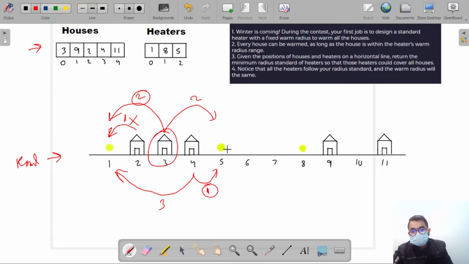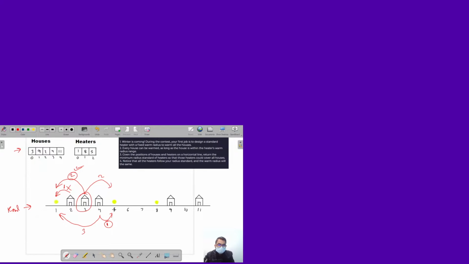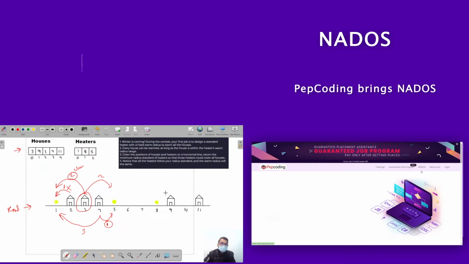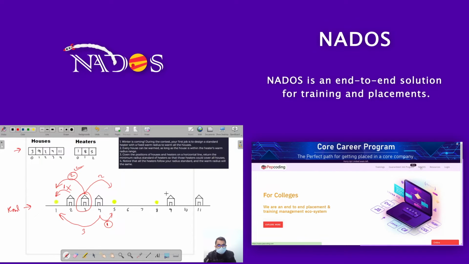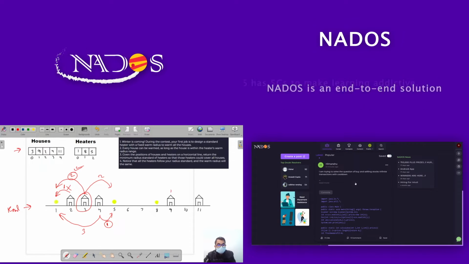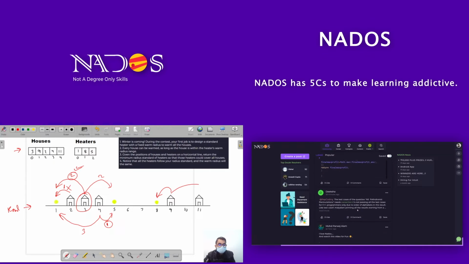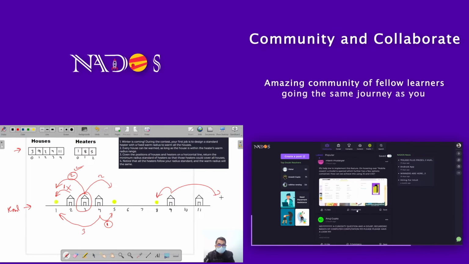Now I have found that at least 2 radius should be present so that all these 3 houses can be warmed with these 2 heaters that are present at position 1 and position 5. Now if we look at our 9th house, one heater is present on the left side, but there is no heater present on the right side.